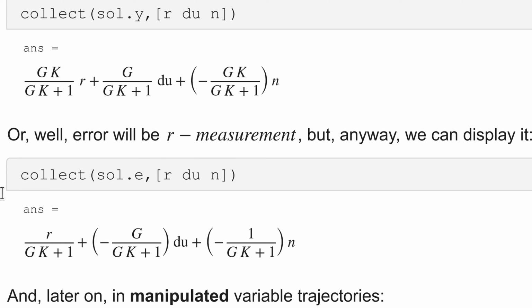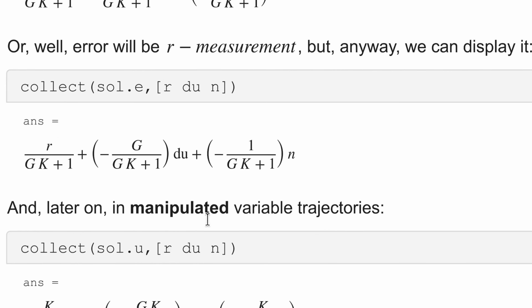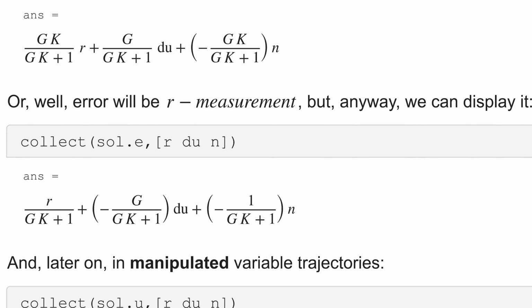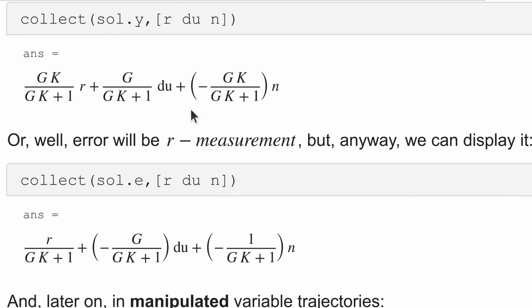So good. We say that all denominators have the same stuff, 1 plus GK, in control output, error, and control action. So the closed loop poles will be the same in all 9 transfer functions. So we will not need to repeat the dynamics, root locus, and whatever we did in setpoint change, because it will be identical. In fact, 1 plus GK is not the denominator, in the sense that G and K are fractions.